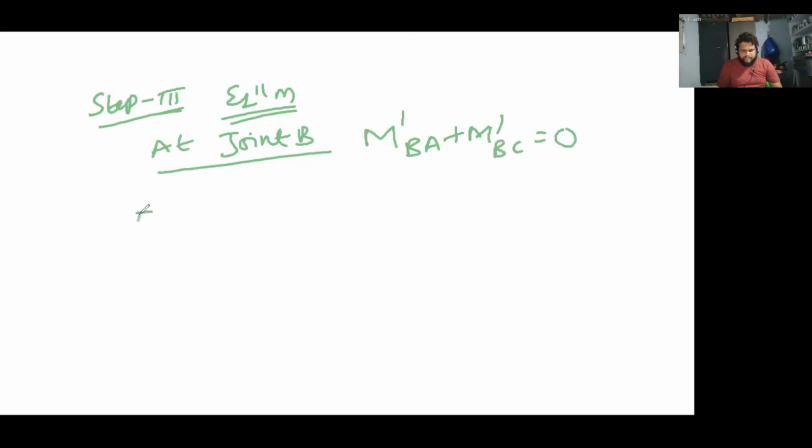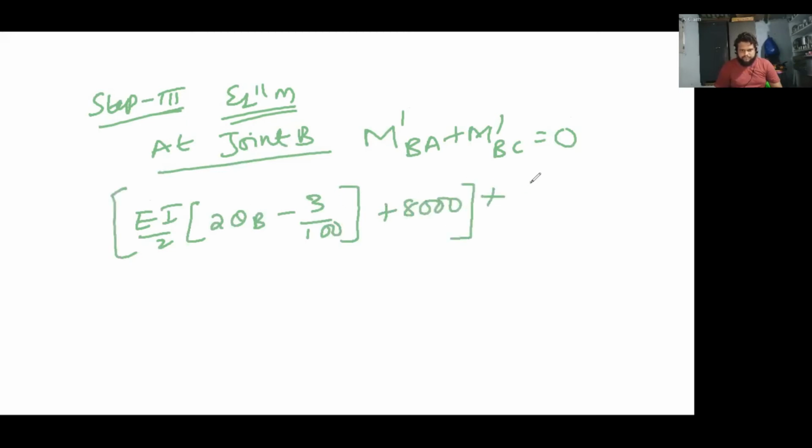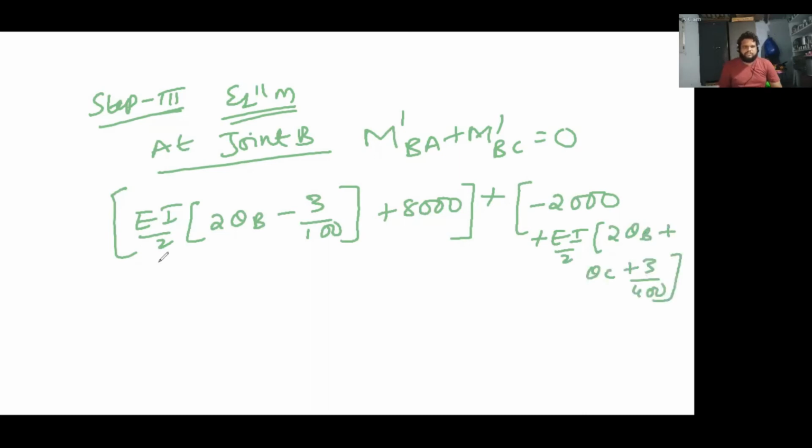M dash BA is EI by 2 into 2 theta B minus 3 by 100, plus 8000. So this is MBA, minus 2000 plus EI by 2 into 2 theta B plus theta C plus 3 by 400. So this is your equation.